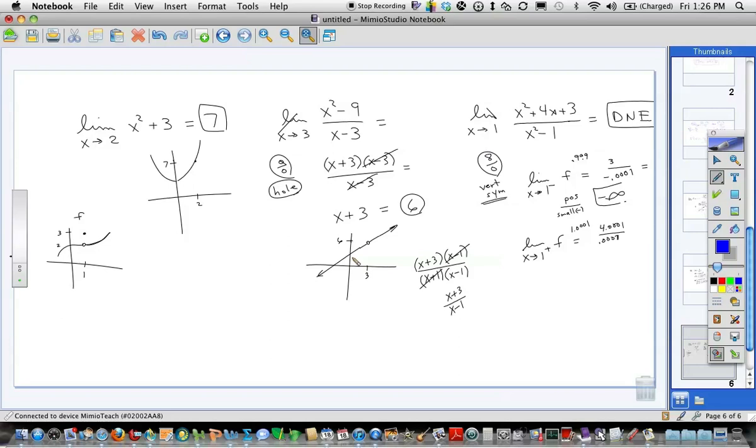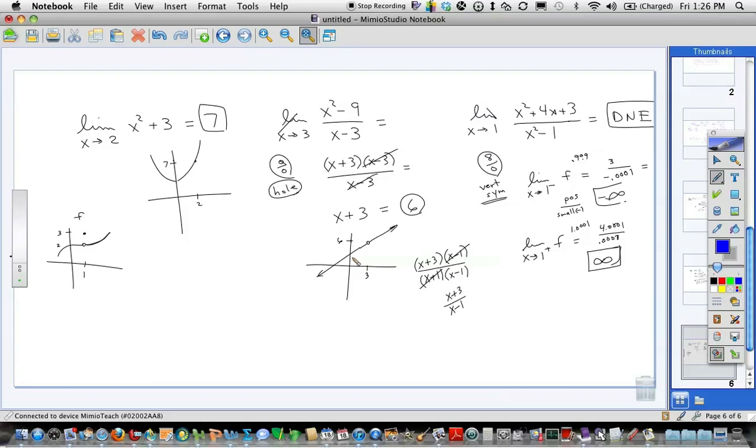So now I have a positive divided by a real small positive, which gives me a real big positive. Positive infinity.